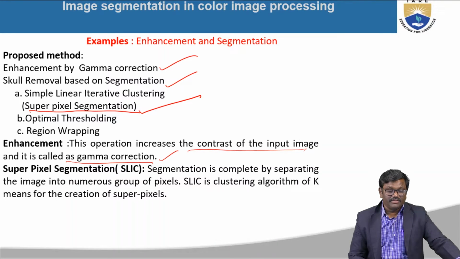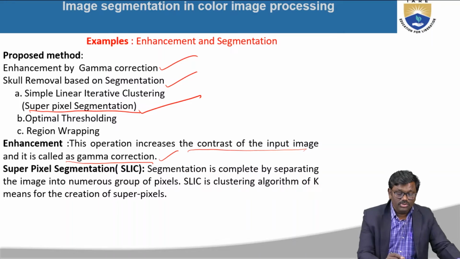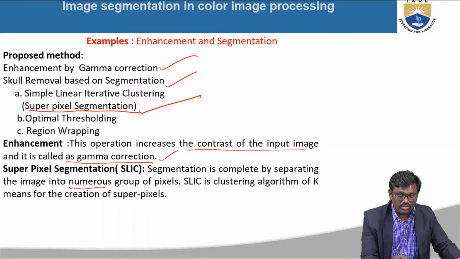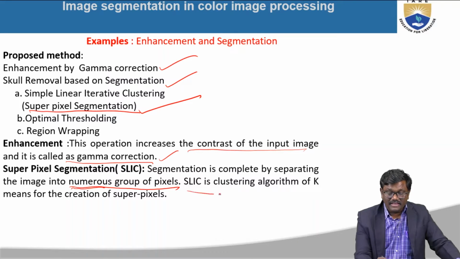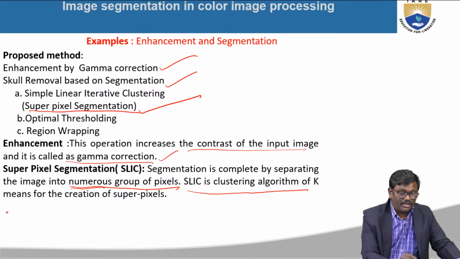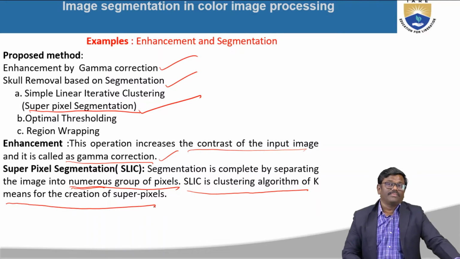Superpixel segmentation, that is SLIC segmentation, is done by separating the image into numerous groups of pixels. SLIC is a clustering algorithm, compared with k-means, for the formation of the superpixels.